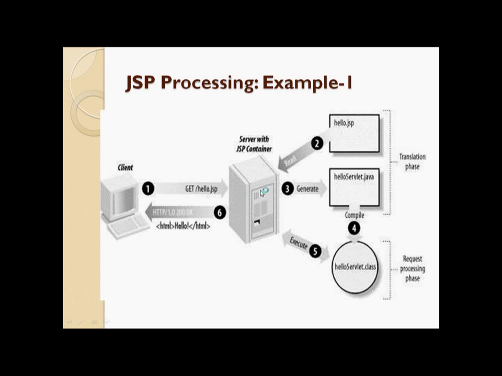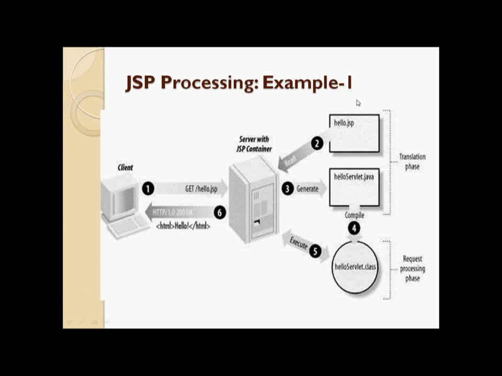So, in order to process this hello.jsp, first of all, the JSP engine will load this file in the JSP container. This box represents the JSP container. It will be loaded and translated in the form of a servlet .java file. Here the name of this JSP file is hello.jsp, so the code for hello.jsp is generated in the form of a hello servlet.java file.